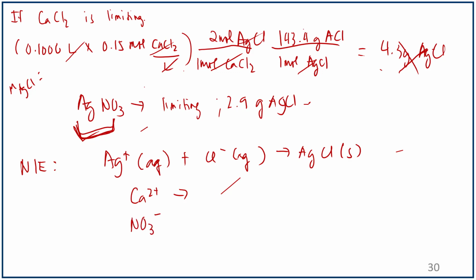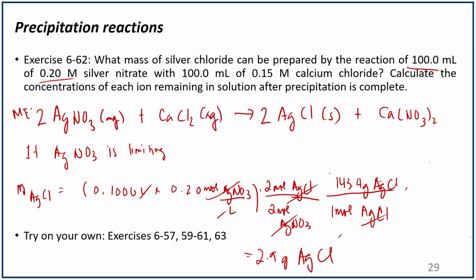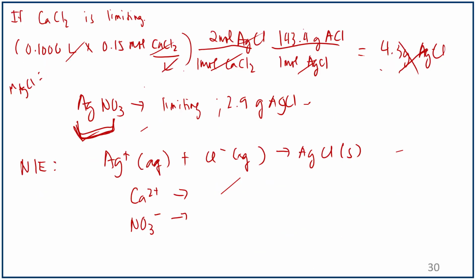So first we want to know what their concentrations are. Or, well, I think we're only asked for number of moles. No, we're asked for concentrations. So again, these are spectator ions. Now we can get the concentration of calcium 2+ and nitrate from first determining the number of moles of calcium and nitrate from the silver nitrate and calcium chloride solutions.